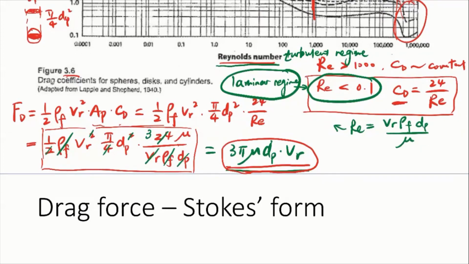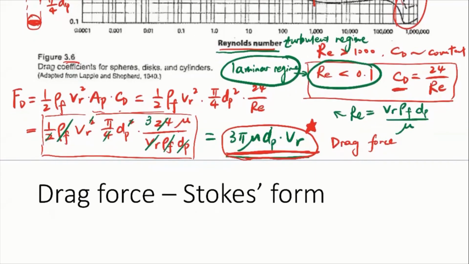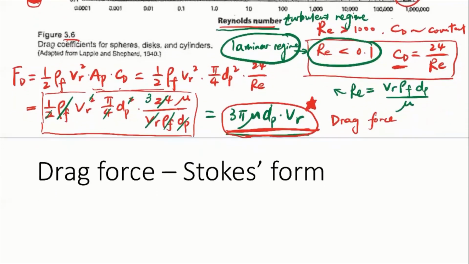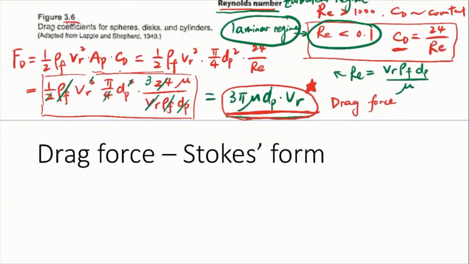It's 3 pi mu dp multiplied by VR, which is the drag force. I'll put a star here, because with this equation you can solve for a lot of particle movement and particle capture problems, okay? We'll show later why this equation is important.